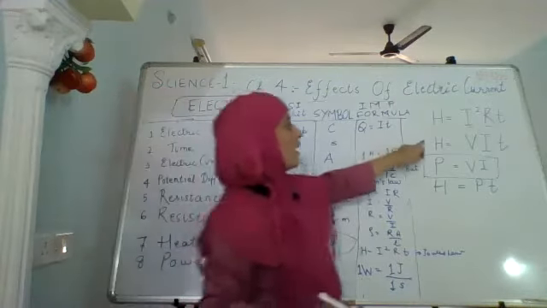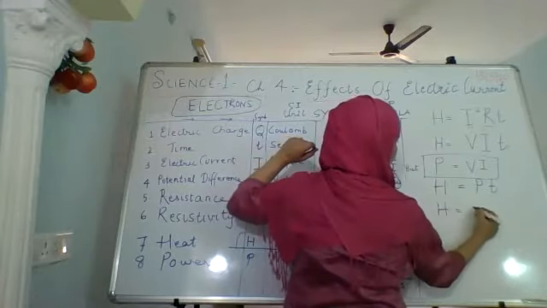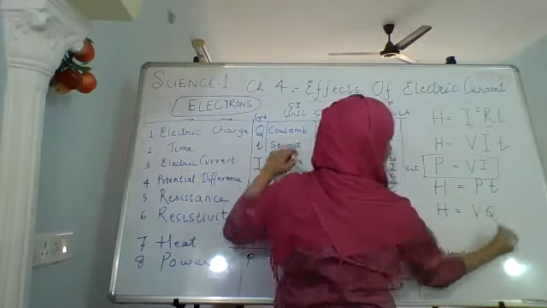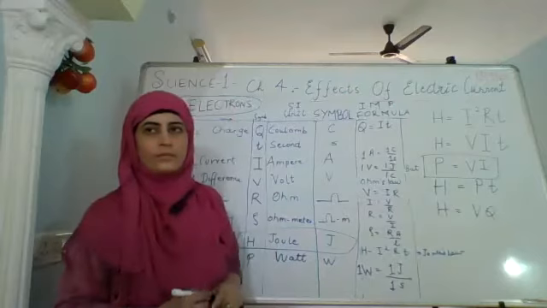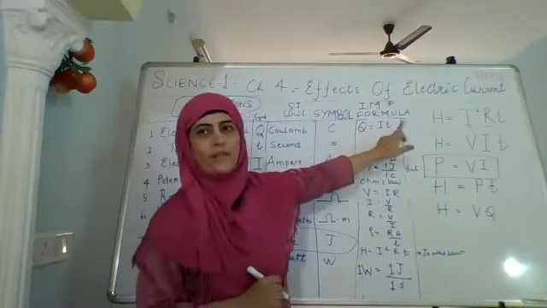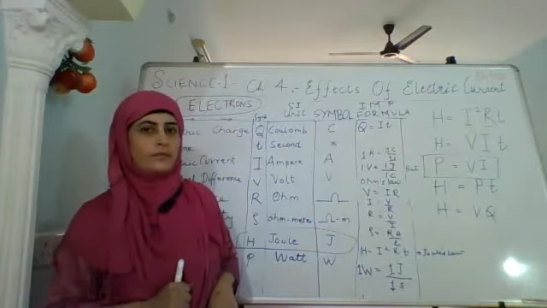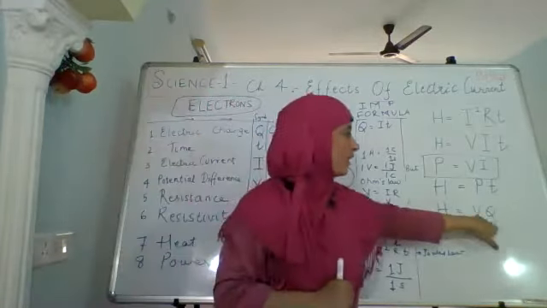So we can also have H is equal to VQ. You remember Q is IT, we have done it in the previous class. H is equal to VQ.